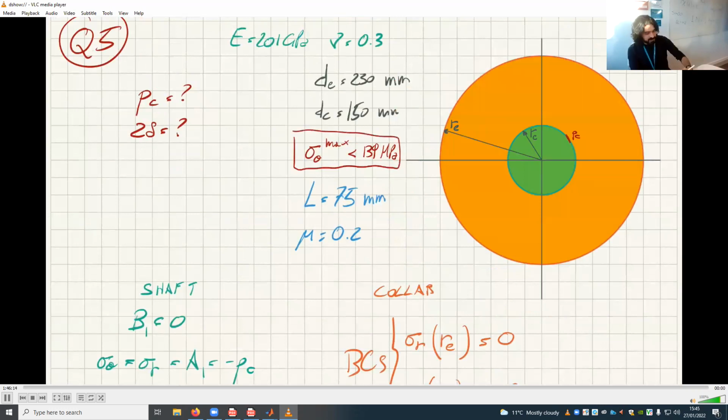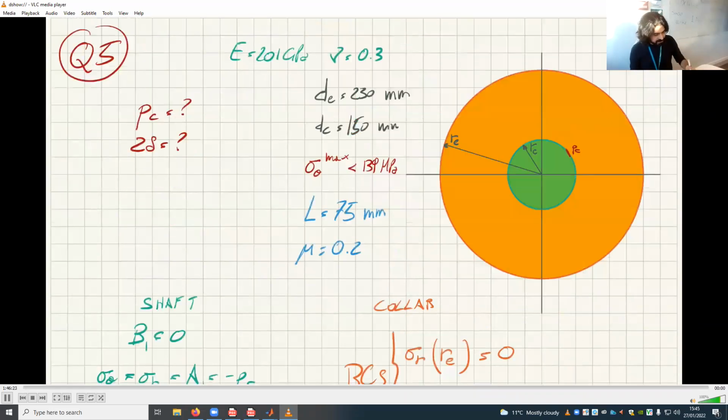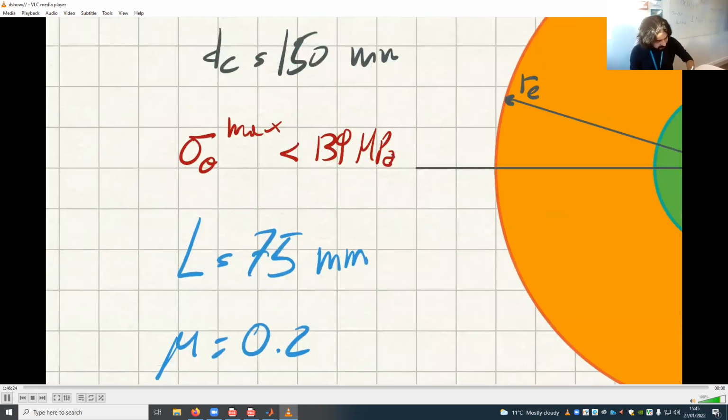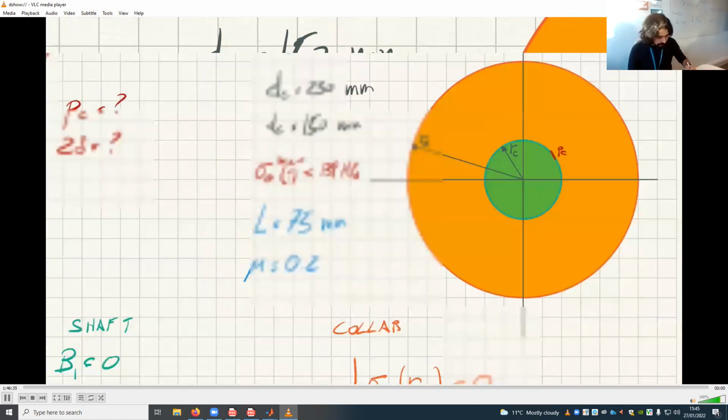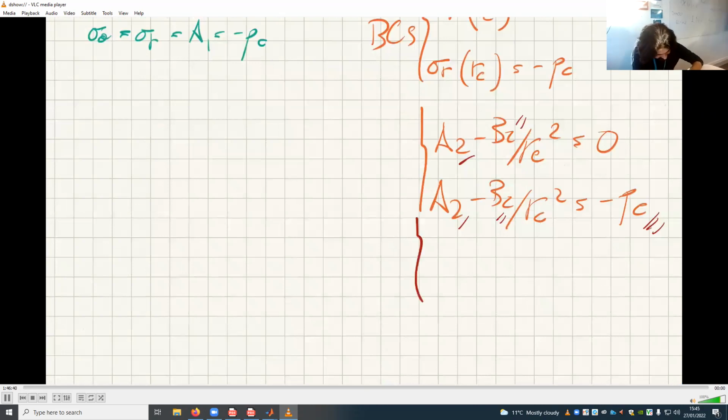We have to remember that sigma theta max, where is the maximum expected? This is a bit tricky because it doesn't tell us at which radius this is happening. You must know this. This is the sort of thing that might trip you a bit. But what's missing?